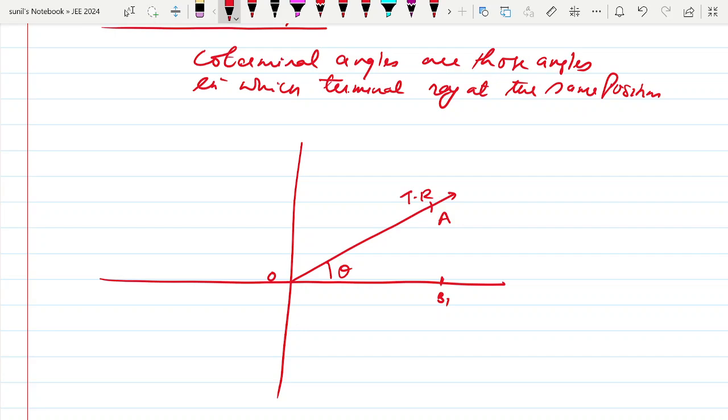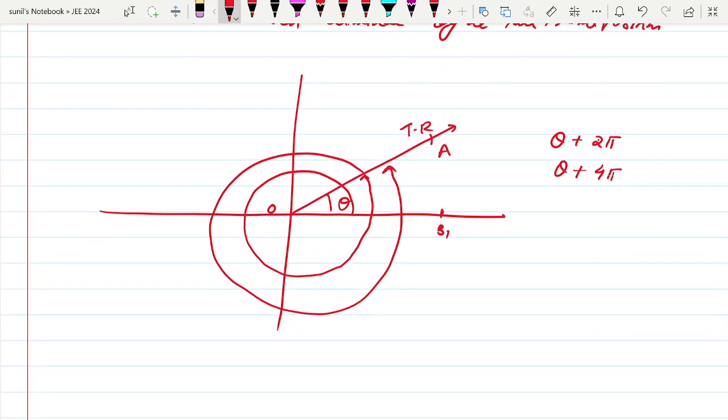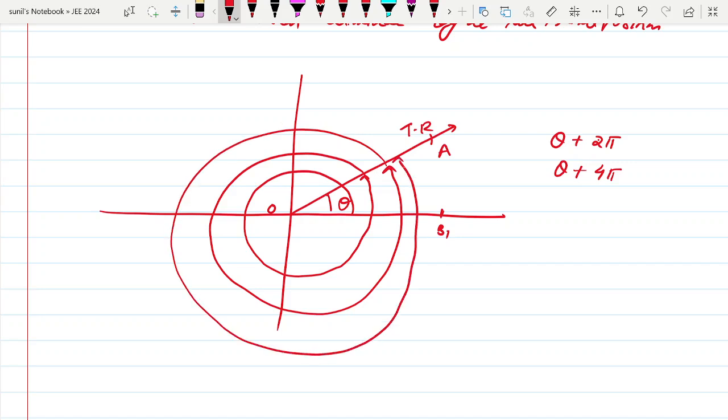For instance, we can take one complete anticlockwise turn to obtain this terminal ray again. Now what is the measure of this angle? It is theta plus 2 pi. Now we can have 2 turns. Then the measure of this angle is theta plus 4 pi. In this way, if I take one more turn, then what is the measure of this angle?